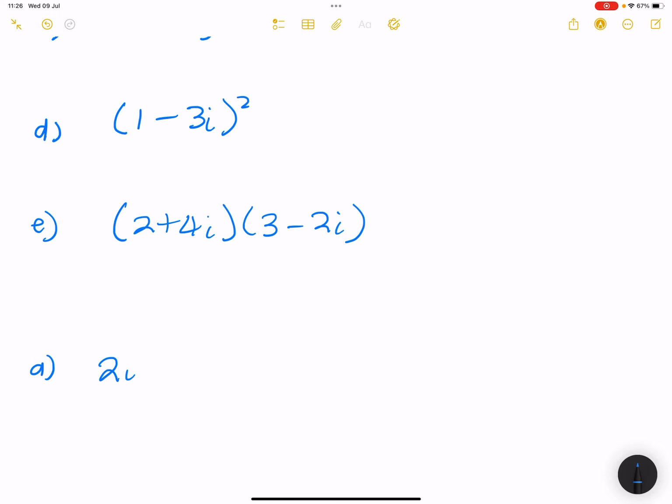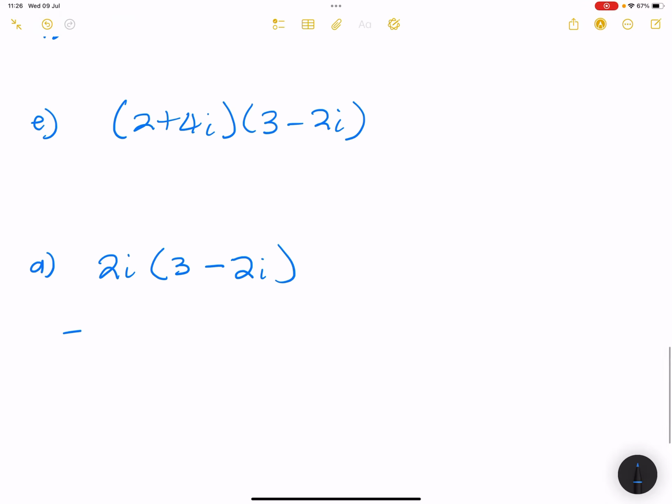So this is 2i into 3 minus 2i. Let's quickly have a look at it. So what do we get in this case? We've got 2i times 3, that's 6i, and you've got 2i times negative 2i. That will give me negative 4i squared.